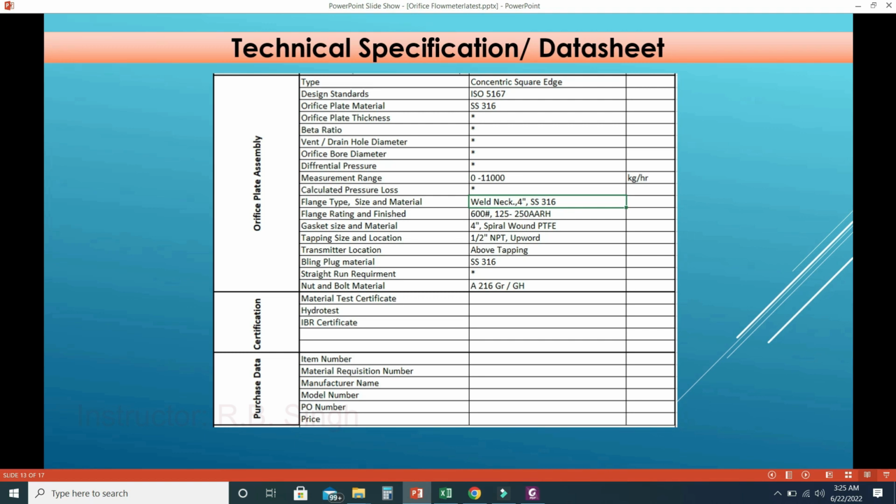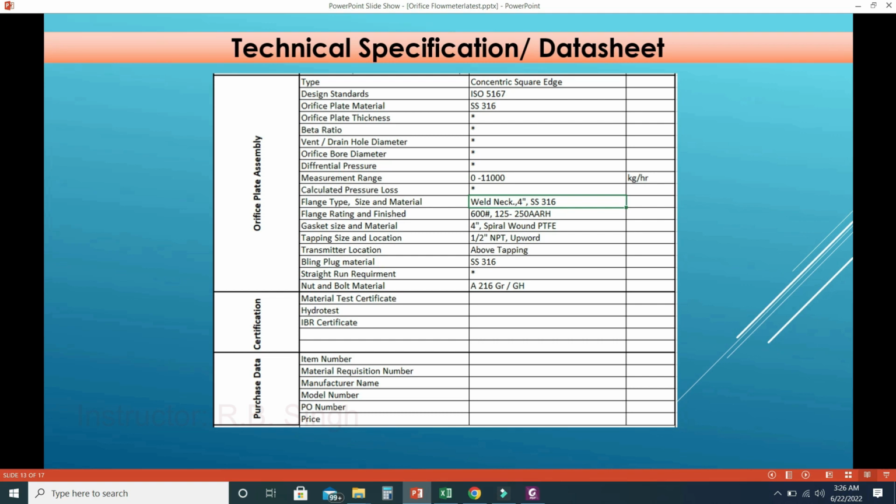Orifice bore diameter, this is the calculated value. Whenever you calculate, the orifice bore diameter will be calculated. Differential pressure we have to select. To match the beta ratio, we have to select the differential pressure. We have to vary the differential pressure to find a perfect orifice, considering the beta ratio and the calculated pressure loss value.